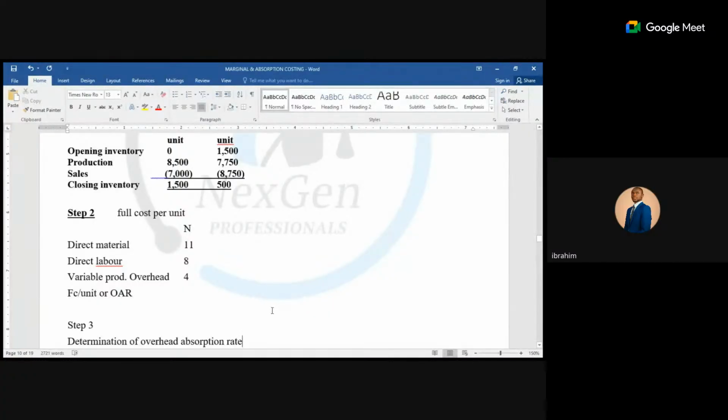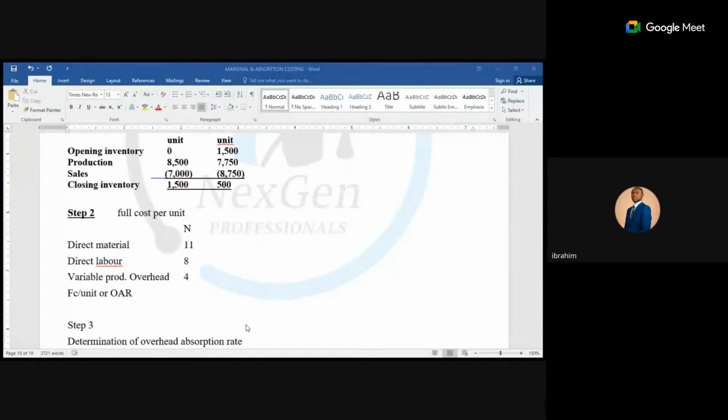Another name for OAR is fixed cost per unit. If you don't want to call it fixed cost per unit, you say overhead absorption rate.